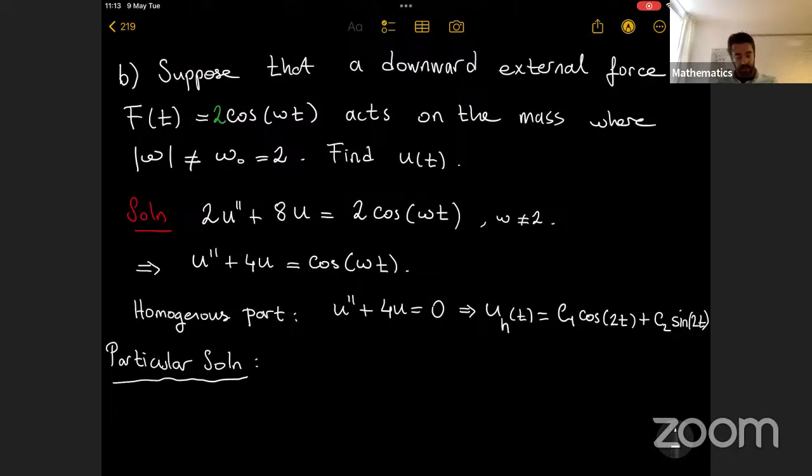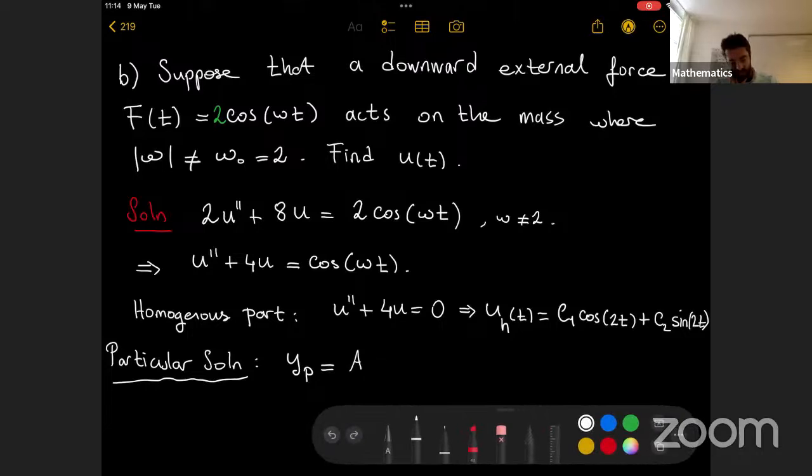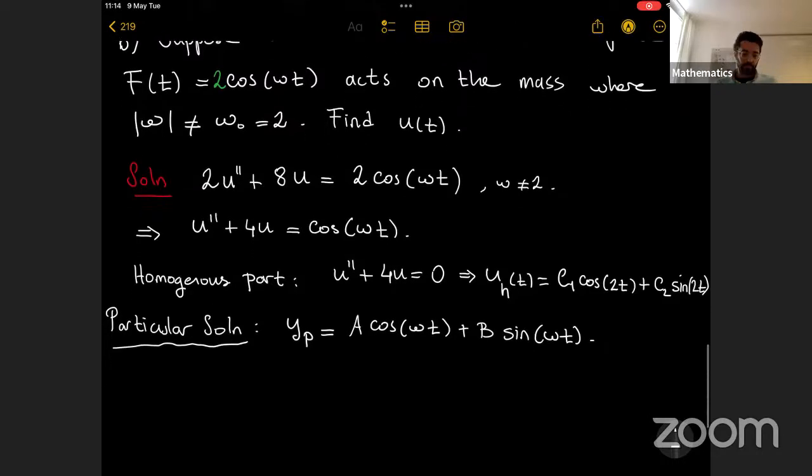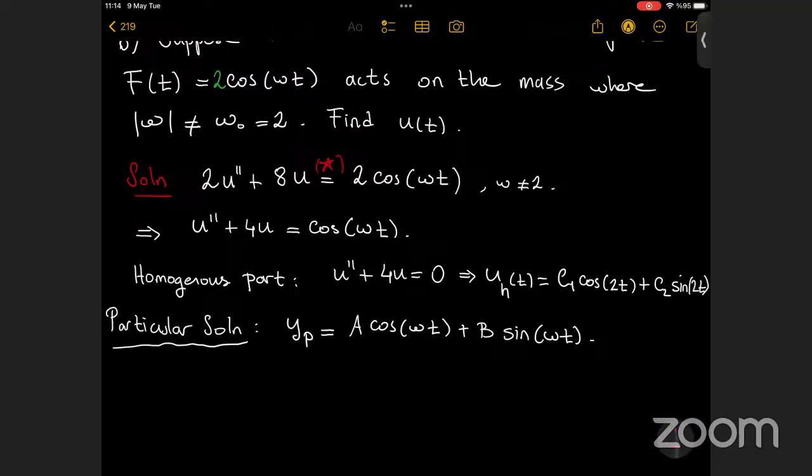And the particular solution, y particular, is basically A times sine, or maybe let's start with cosine since we have cosine. A times cosine Wt plus B times sine Wt, and we will find out A and B. How do you do that? Well, basically, you will plug this into the equation, okay?